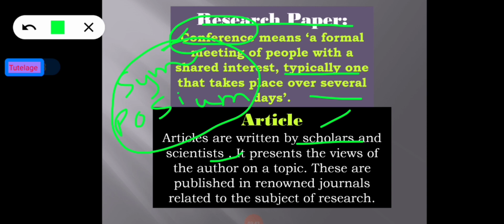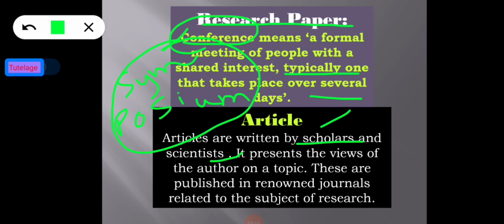So that is the basic difference between a research article and a term paper. Articles are known as scholarly or academic papers, not term papers. I think this is clear.